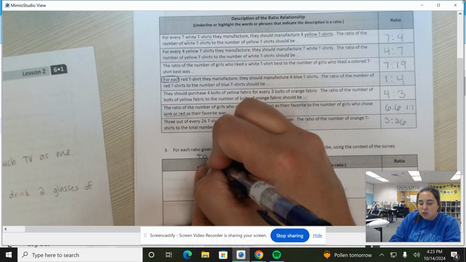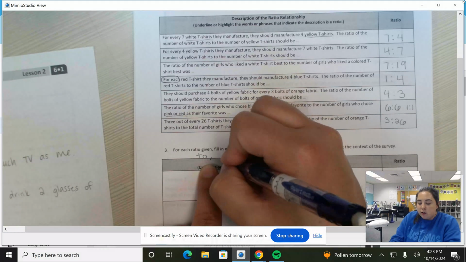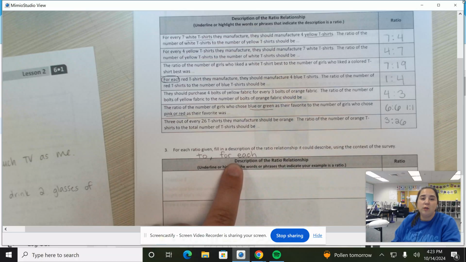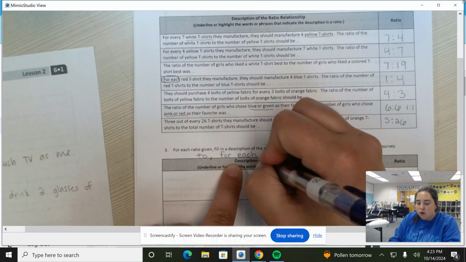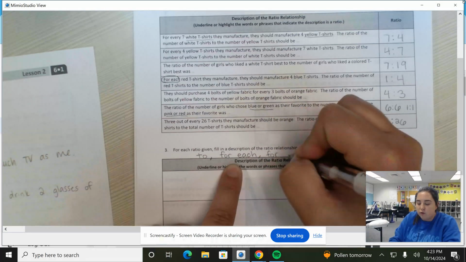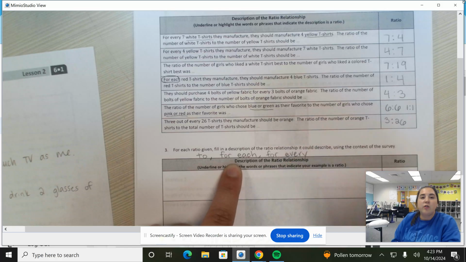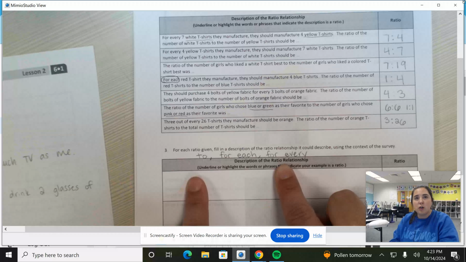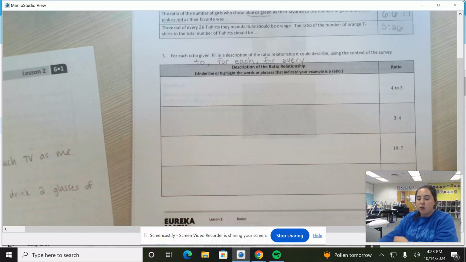So sometimes they use the word to, or you might say for each girl who likes an orange shirt, there is 3 girls who like a blue shirt. Or for every 3 girls who like a red shirt, there's 1 girl who likes a purple shirt. Something like that. So using these words to help you write a description.